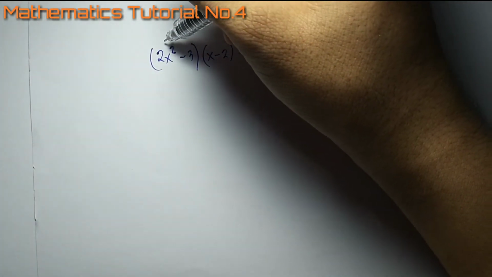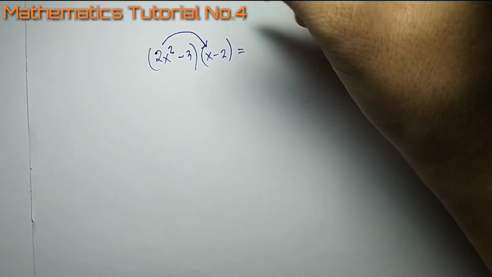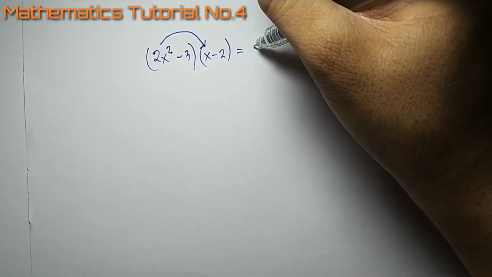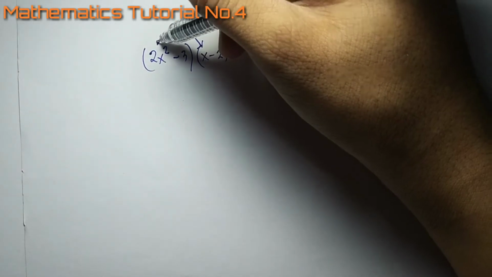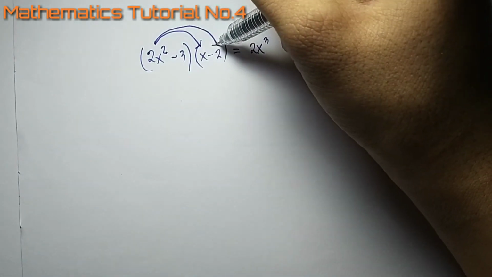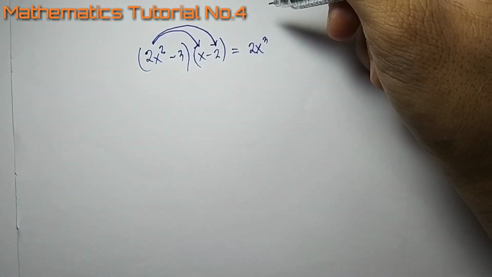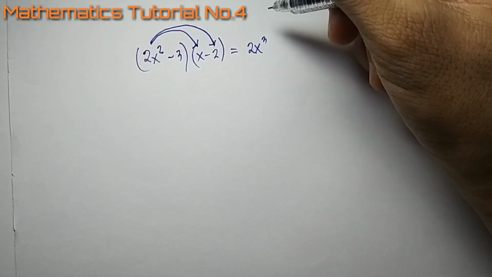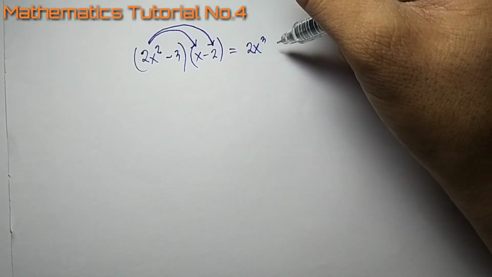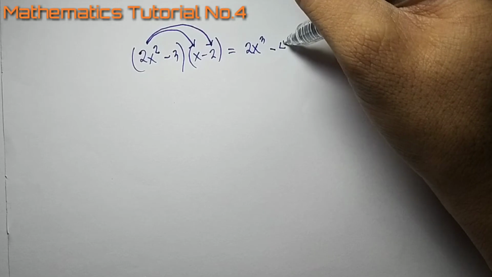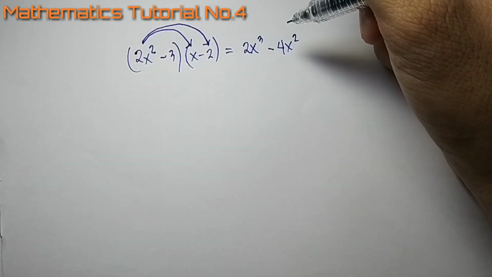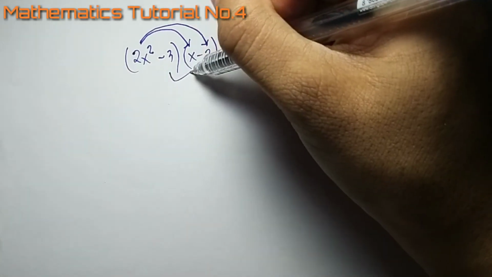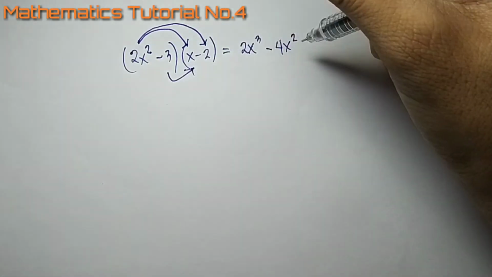So 2x squared times x, that is 2x cubed. Next is 2x squared times negative 2 para man sa atong mga outside terms na nata sa O. That is negative 4x squared.